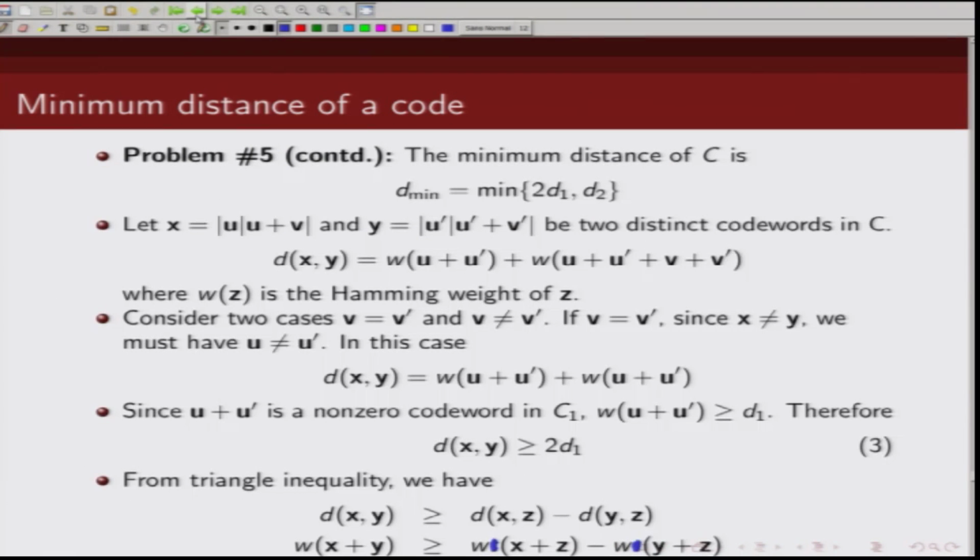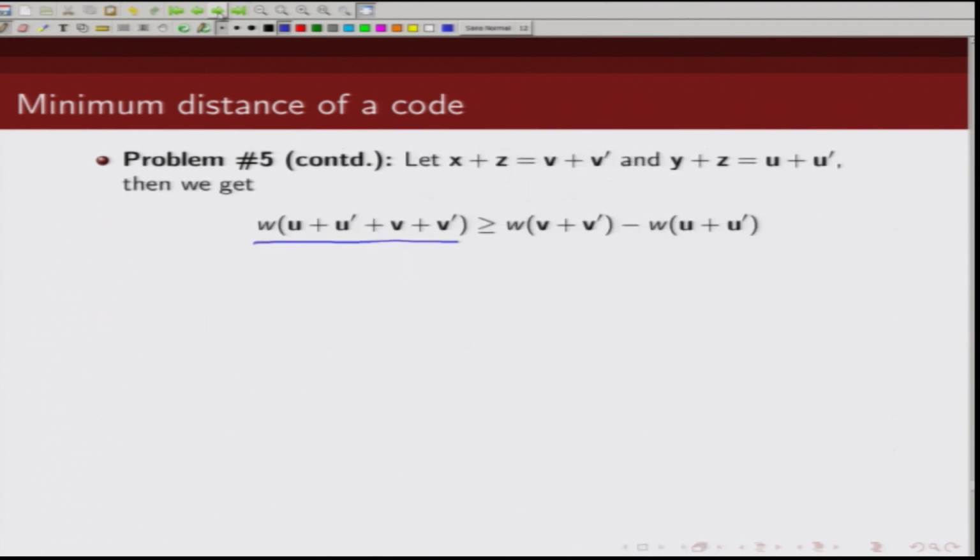Next, what we had was the weight of x plus z. What is the weight of x plus z? It is the weight of v plus v prime, and similarly the weight of y plus z is given by this. So, this is lower bounded by this quantity.